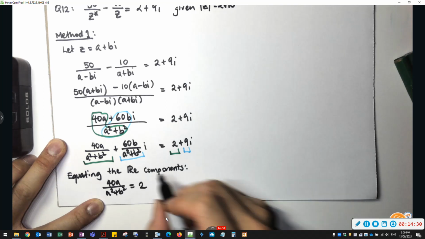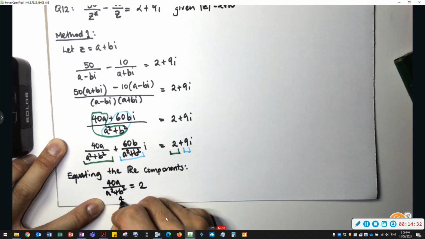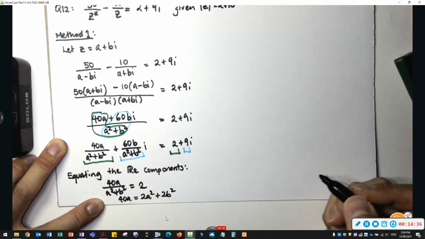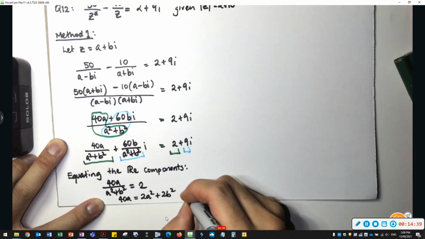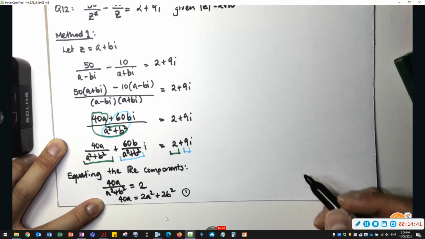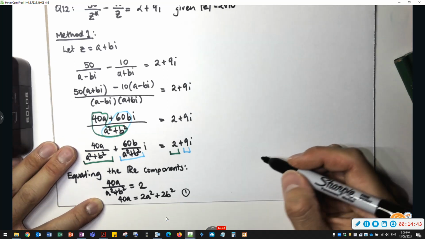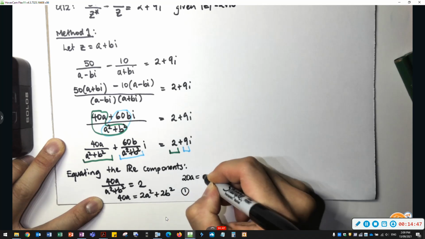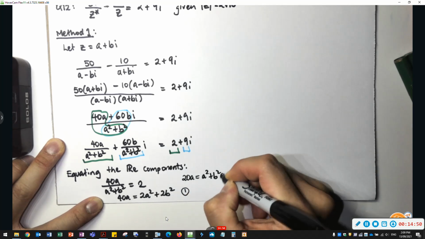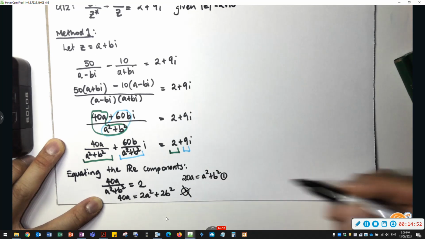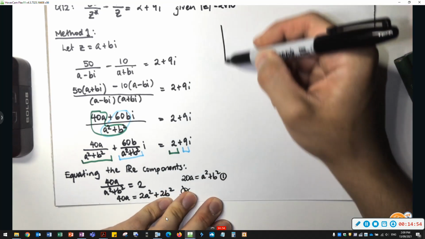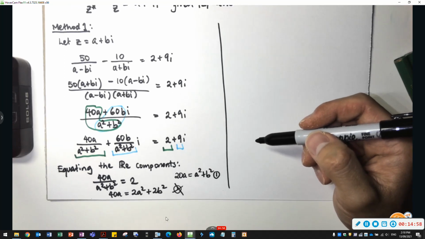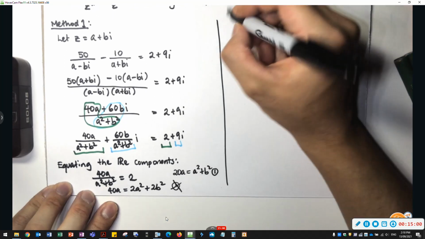I'm just going to write that as 40a equals 2a squared plus 2b squared. Actually, I should divide everything by 2. Let me rewrite that one more time. So I'm going to get 20a equals a squared plus b squared. Call that equation 1. Alright, so I keep going, and you can see here, because a and b are unknown, and I have two equations, I'm going to have simultaneous equations.